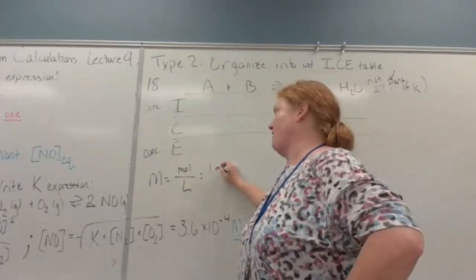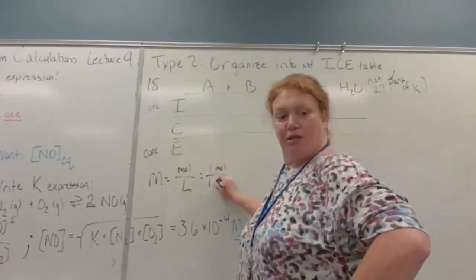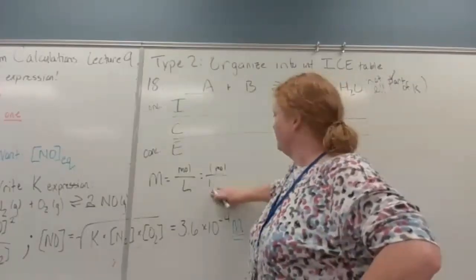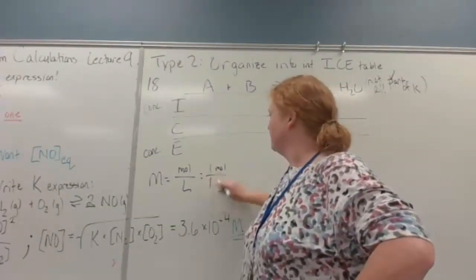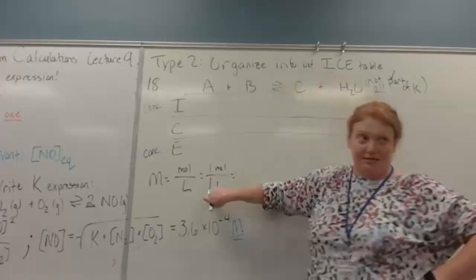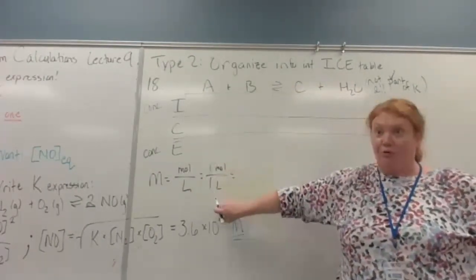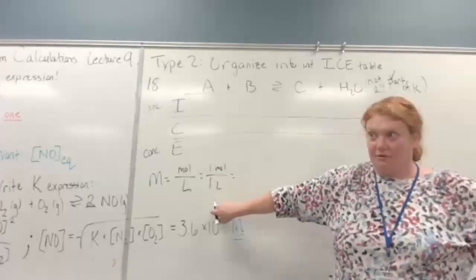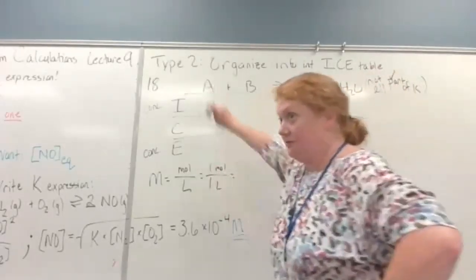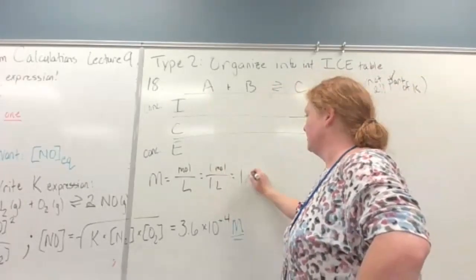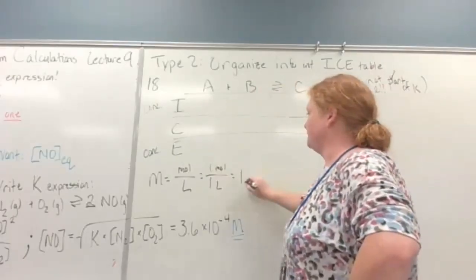So this said you just have 1 mole, and it said you just have 1 liter. It just said actually 1 and 1. But what if you had not 1 liter? What if you'd had 0.5 liters? You would need to do 1 divided by 0.5, right? That's the number that goes here. The concentration goes here.